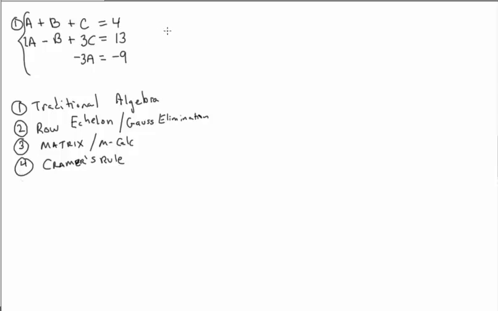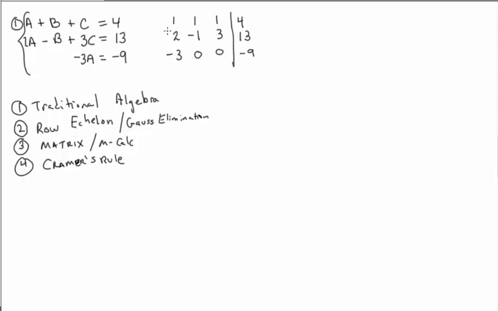Assuming that you know traditional algebra, I'm going to go to row echelon form. What we're going to do here is look at the coefficients. Here the coefficients for A is 1, coefficient for B is 1, coefficient for C is 1, and that equals 4. Then we have 2, -1, 3, 13, and then we have -3, 0 for the B, 0 for the C, and -9.